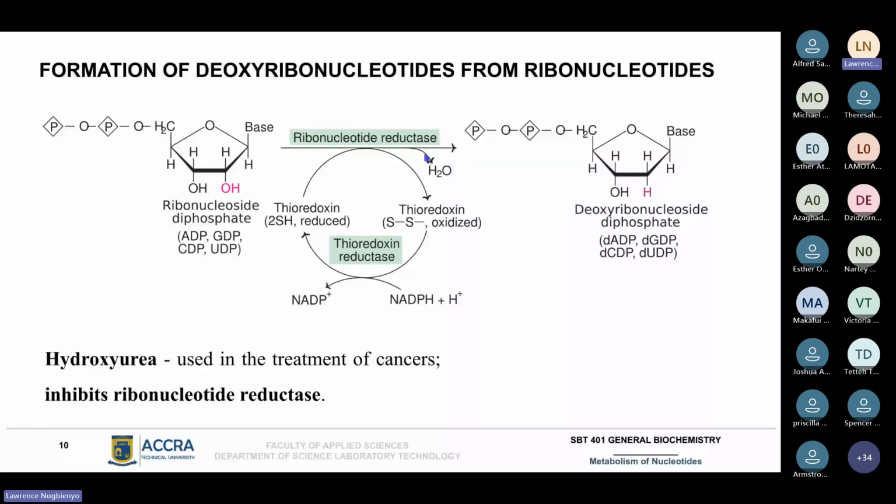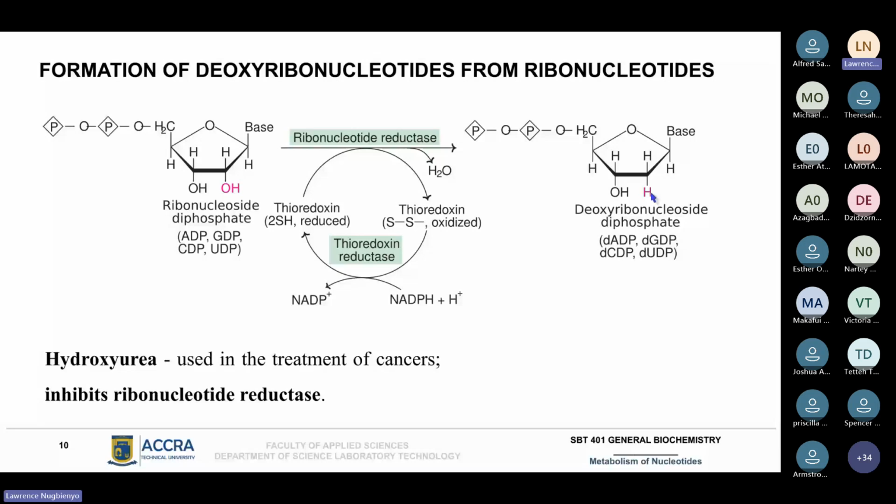Now, the enzyme ribonucleotide reductase itself will be acting together with thioredoxin, which after the ribonucleotide reductase actually directly gives out hydride ions onto the ribonucleoside diphosphate, to replace the hydroxyl group with that hydrogen.